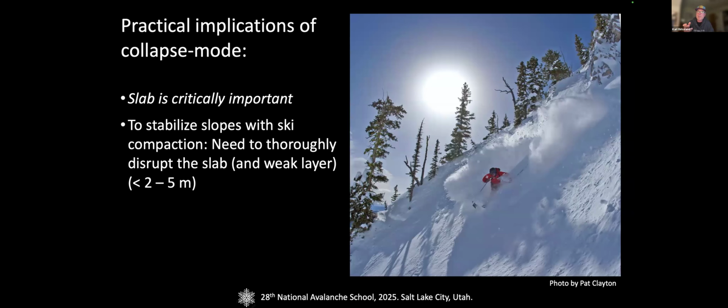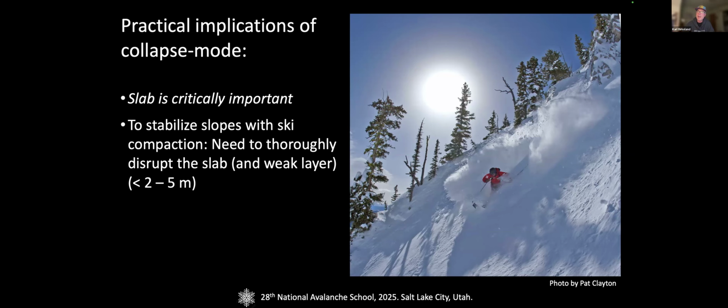Again, the slab's critically important. So that means if we want to stabilize slopes with ski compaction, we need to thoroughly disrupt the slab and the weak layer on the order of every 2 to 5 meters. So when people talk about backcountry slopes being ski compacted, it really all depends on the snowpack, right?